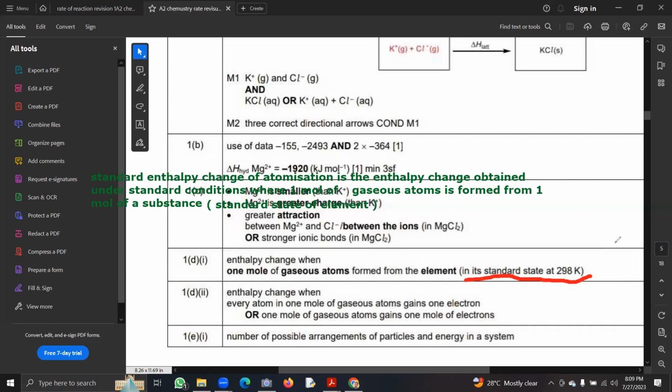So I put in brackets standard state of element. That's fine, but they put inside the bracket standard state at 298, which is 298 Kelvin and 101 kilopascals. That's not the standard temperature, that's room temperature.